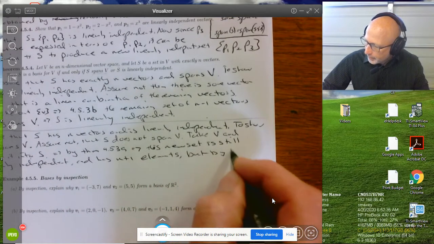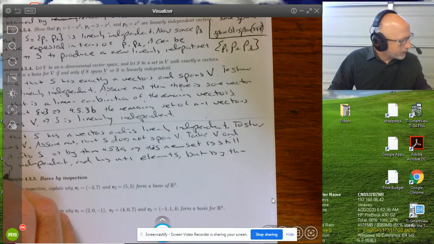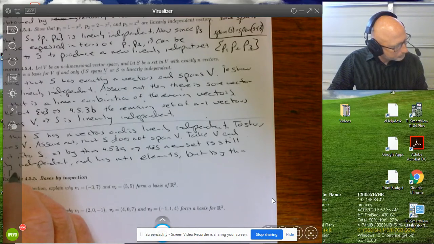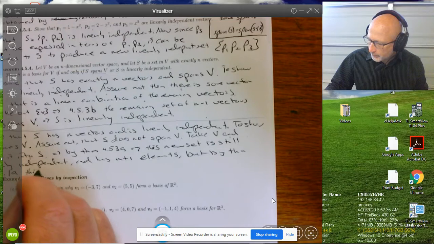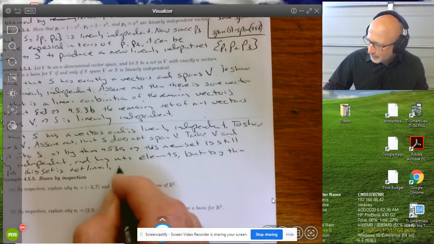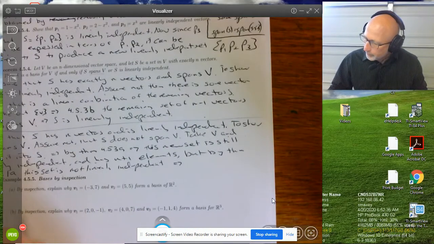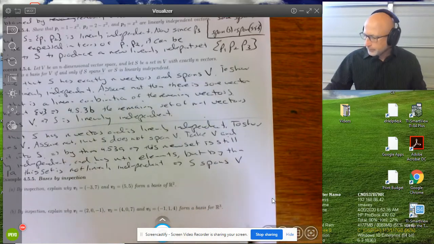But by theorem 4.5.1, which one was that? A. This set is not linearly independent. Okay, so therefore, because we assumed that it didn't span it, we have a contradiction, so S spans V.